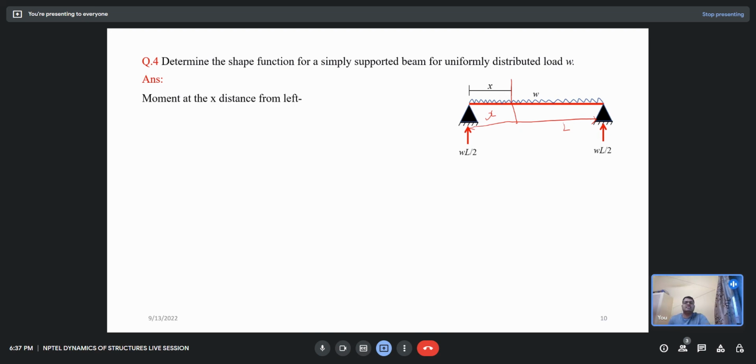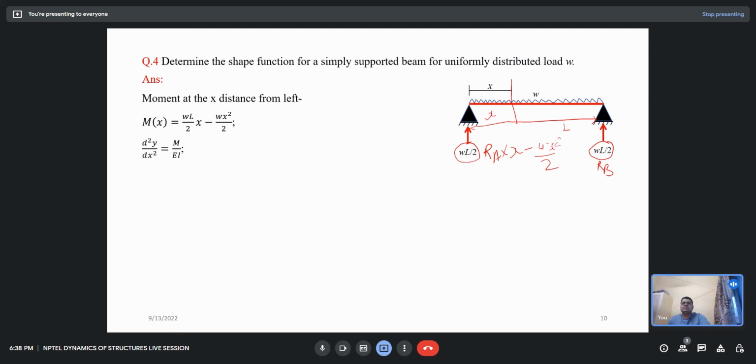So the moment at distance x from the left is Mx equal to wL by 2, which is my reaction Ra, times x, minus w x square by 2.